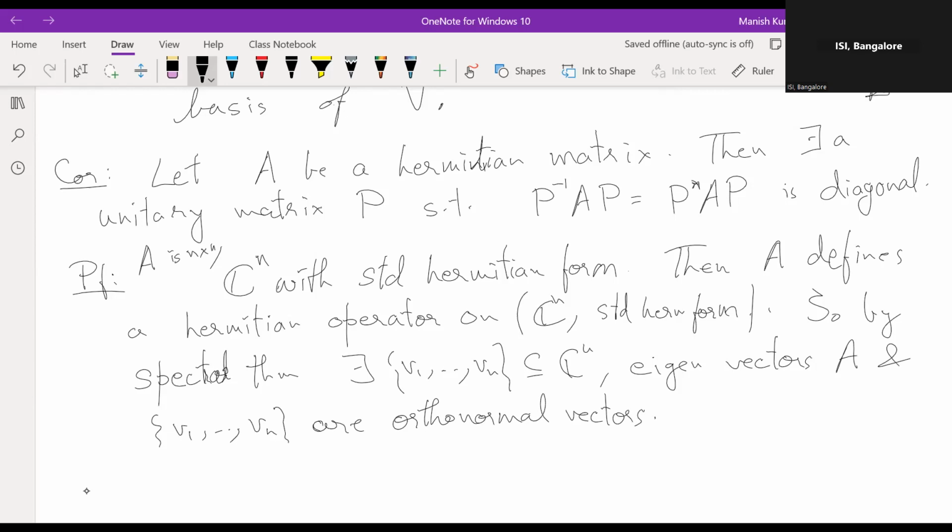Orthonormal with respect to this standard Hermitian form.